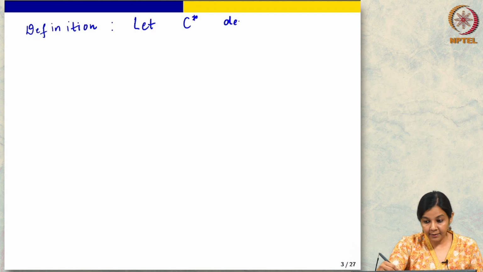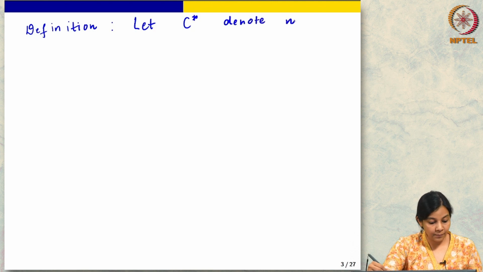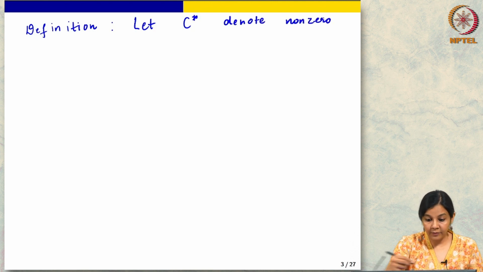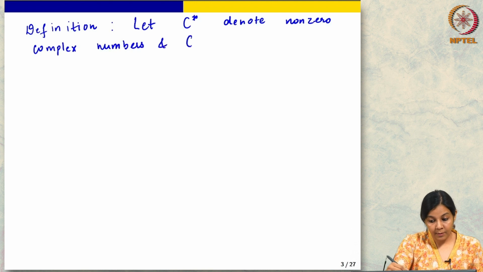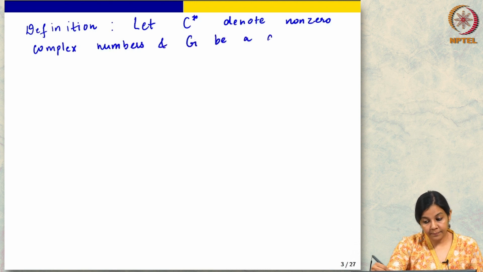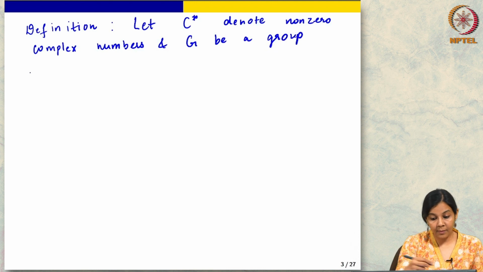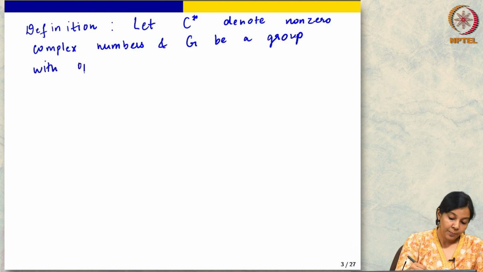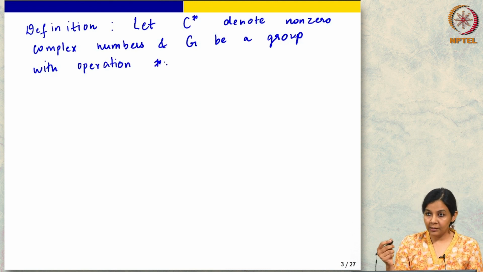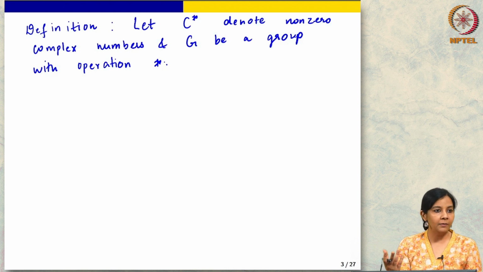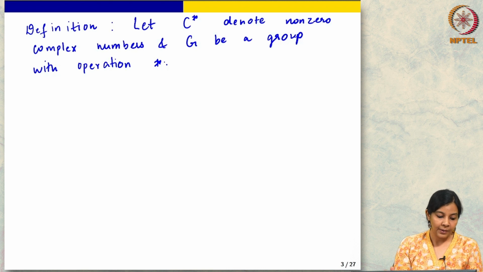Let C star denote non-zero complex numbers, and let G be a group with operation denoted by asterisk. Note here that I am taking an abstract view of this operation. It does not mean that this is multiplication, just that a group has a certain operation and we will denote it by asterisk.